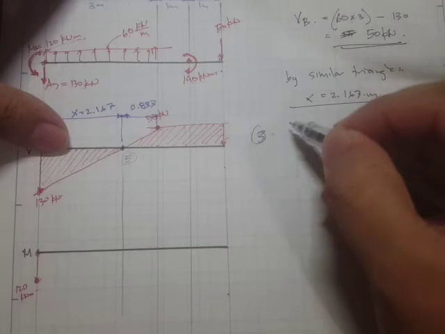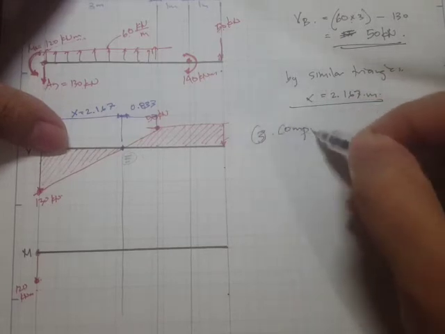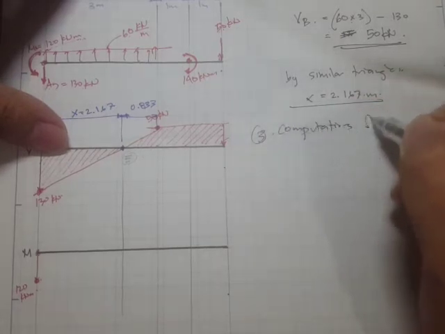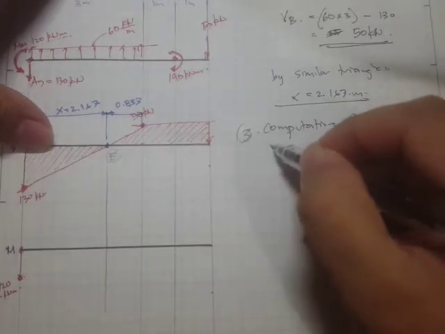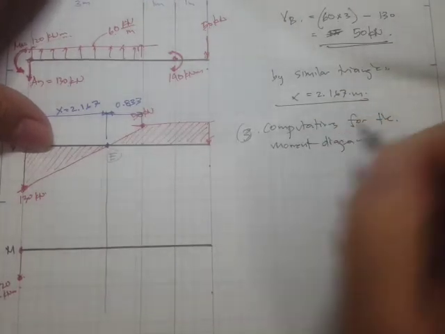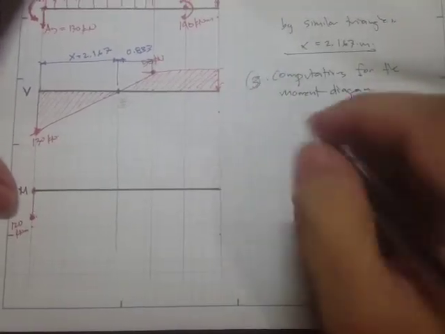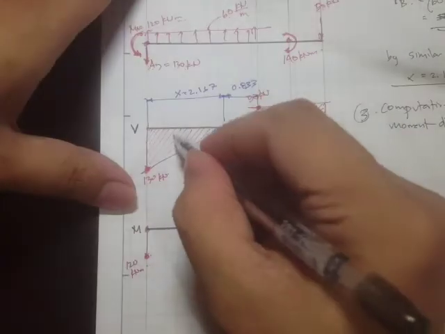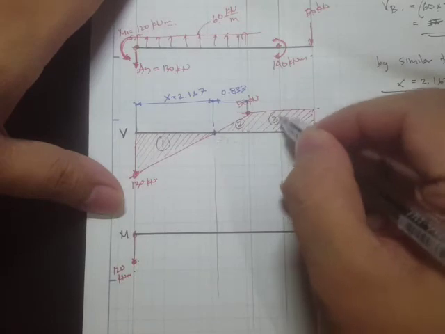But first, I think we need to solve for the area computations for the moment diagram. So for the computations for the moment diagram, let's say this is area 1, this is area 2, and this is area 3.